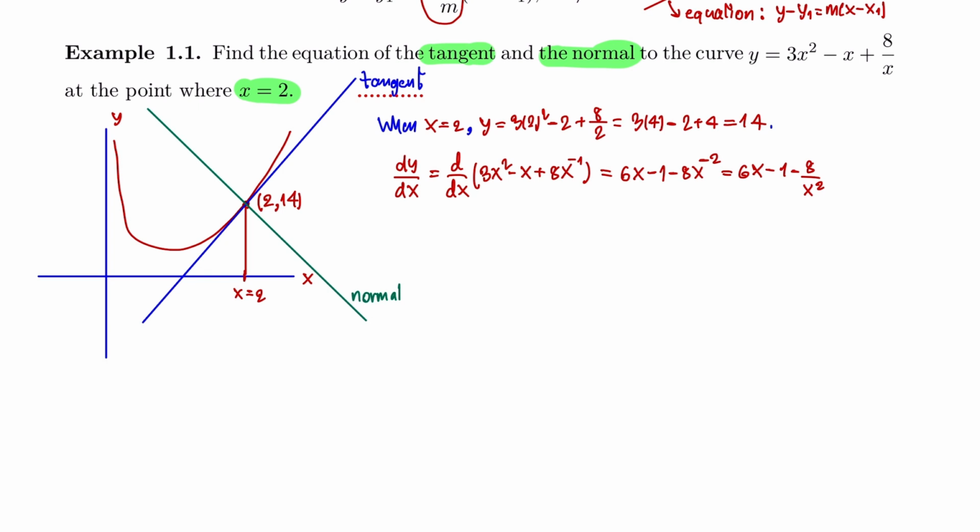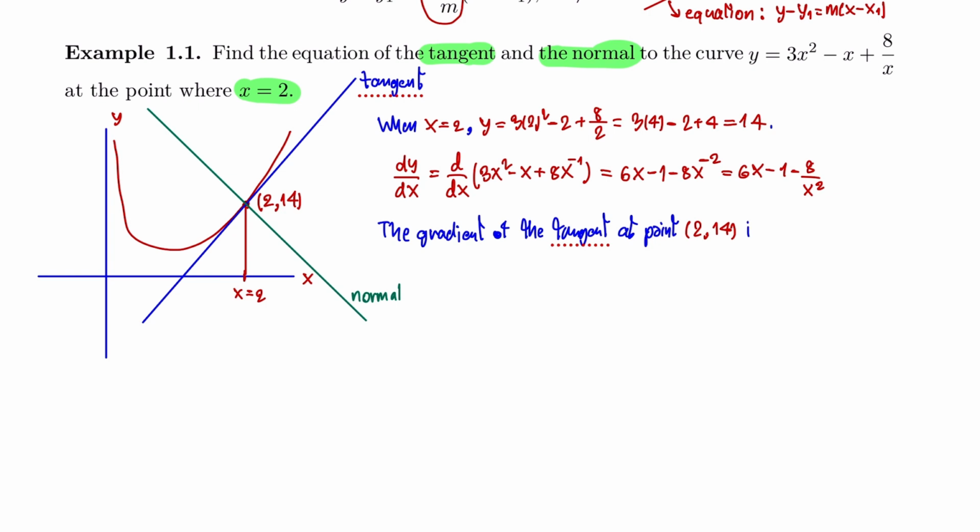This is the differentiation. Now we can find the gradient of the tangent at this point. So the gradient of the tangent at the point (2, 14) is found by plugging x equal to 2 into dy by dx.